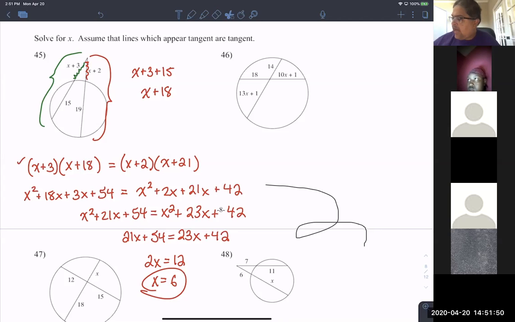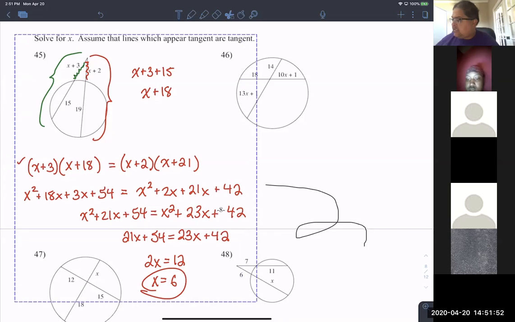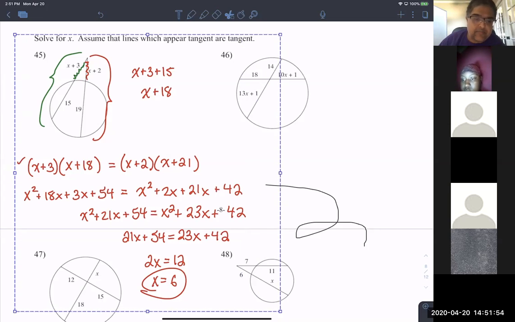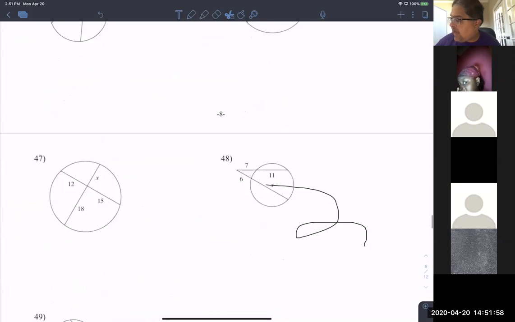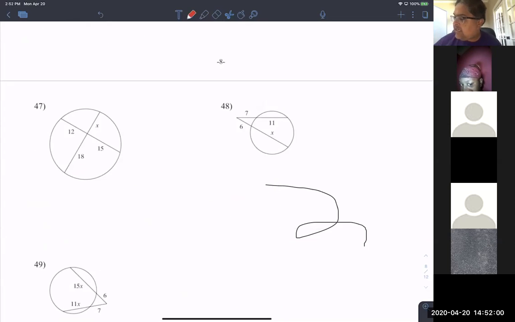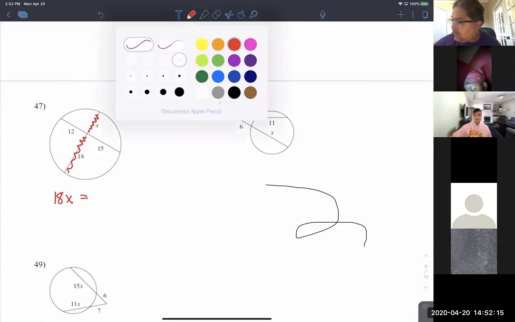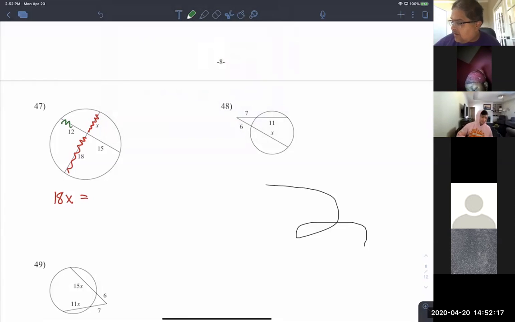Now, let's look at, can I erase this? Is everyone good with this? Yes, sir. All right. So now let's look at two lines intersecting on the inside. Okay, so like number 47. So remember the relationship is when it's on the inside, it's piece times piece equals piece times piece.